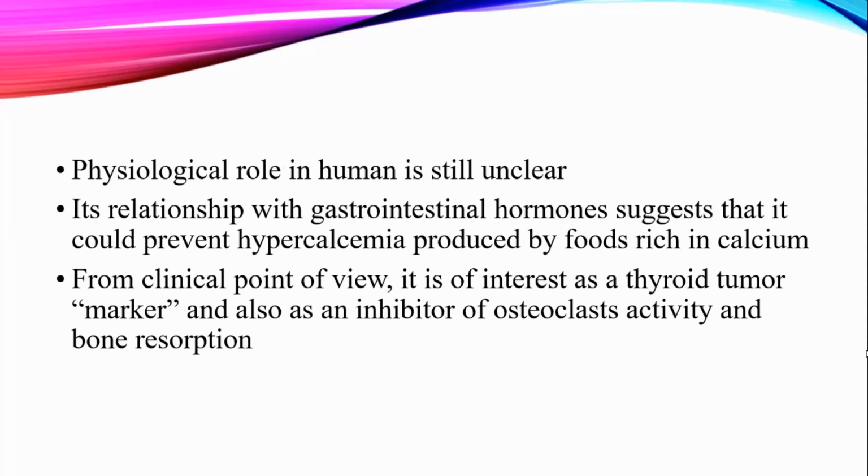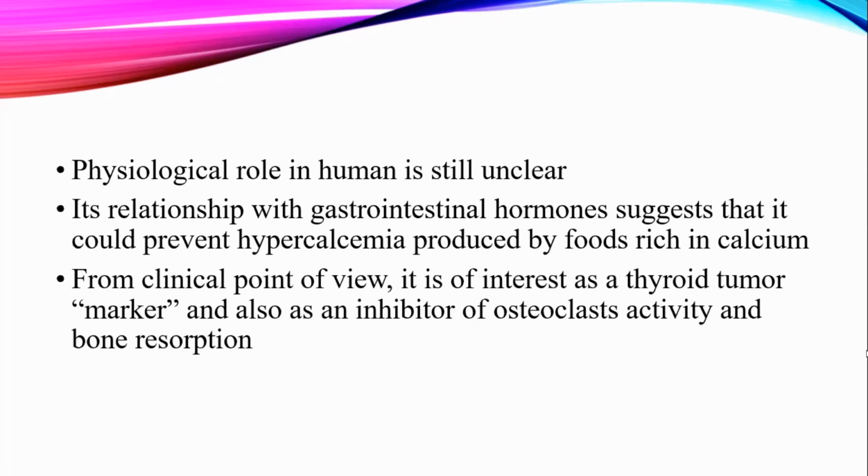As we mentioned earlier, it has a good relationship with the gastrointestinal hormones, which prevent the hypercalcemia produced by food rich in calcium. However, from a clinical point of view, it is of interest as a thyroid tumor marker. If somebody has thyroid carcinoma, then the calcitonin level is increased.